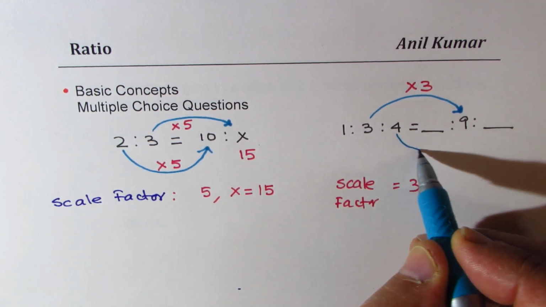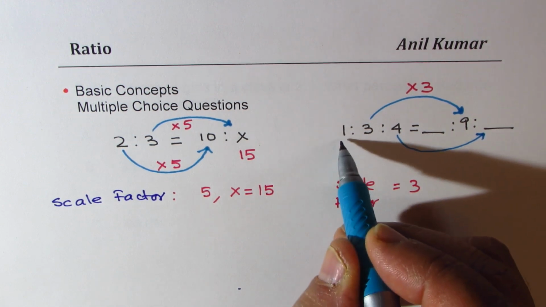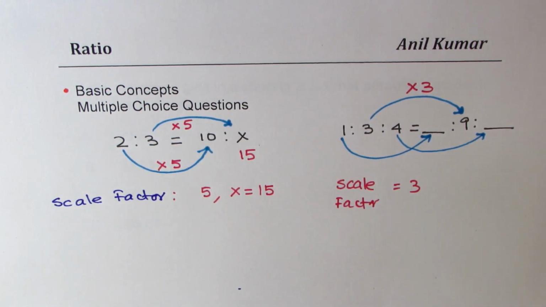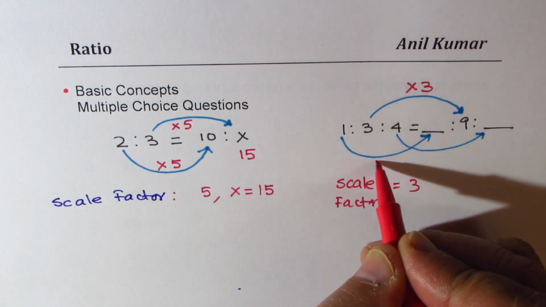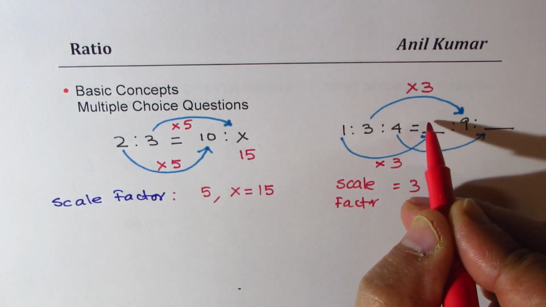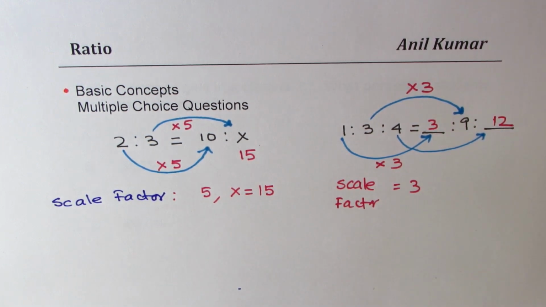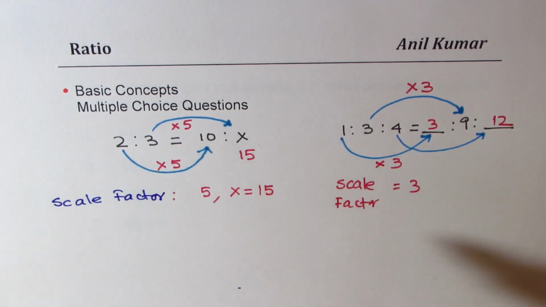You could do 4 times 3 to get this answer and 1 times 3 to get the other one. So clearly, the answers are, when you do times 3, 1 times 3 is 3 and 4 times 3 is 12. So those are the missing numbers. Perfect.